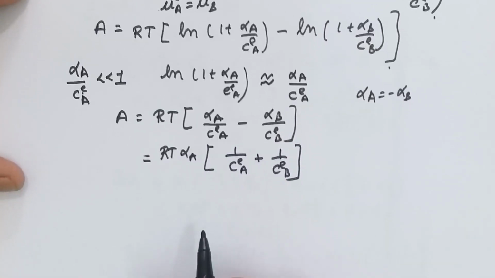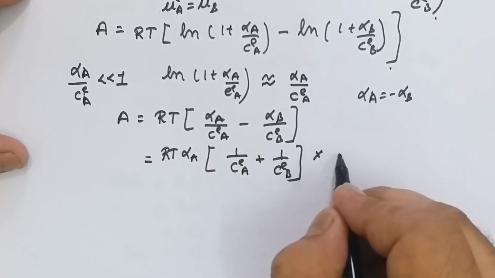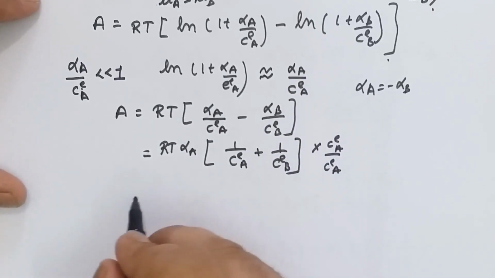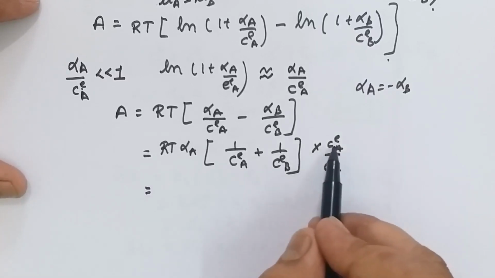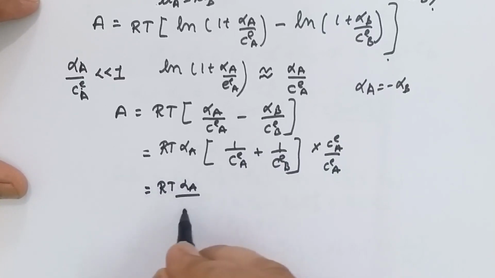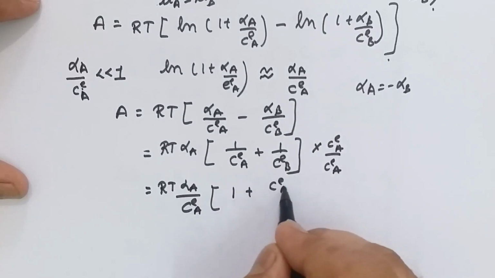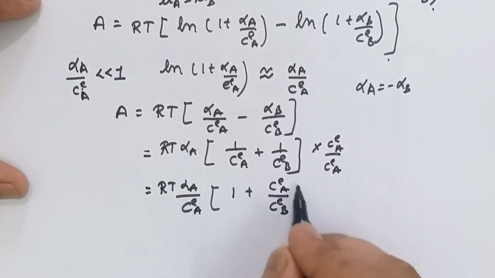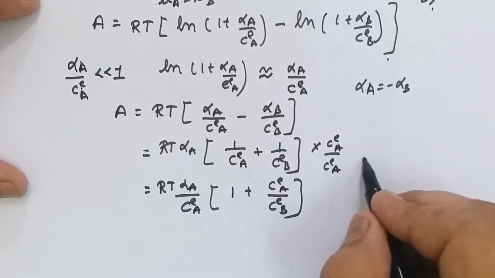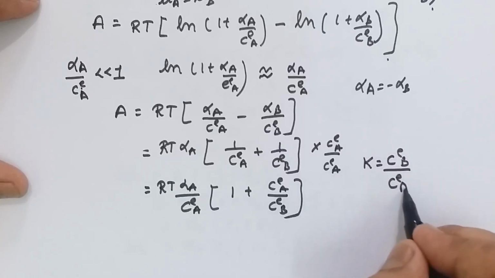So we are left with RT alpha A into [1 upon CeA plus 1 upon CeB]. Now further we can divide and multiply this expression by CeA. So when we multiply by CeA, we are left with RT alpha A upon CeA into, this will become 1, and this will be CeA upon CeB. And we have seen earlier that K was equal to CeB upon CeA.